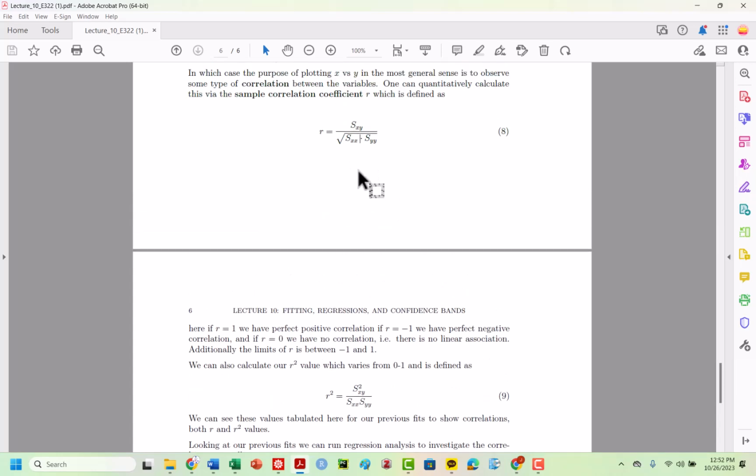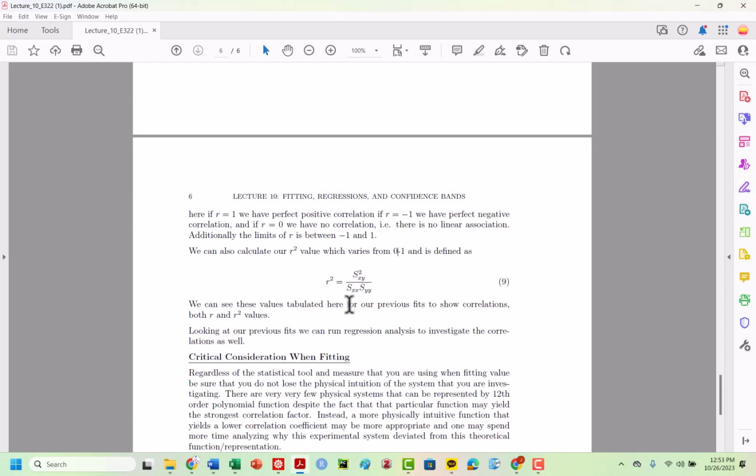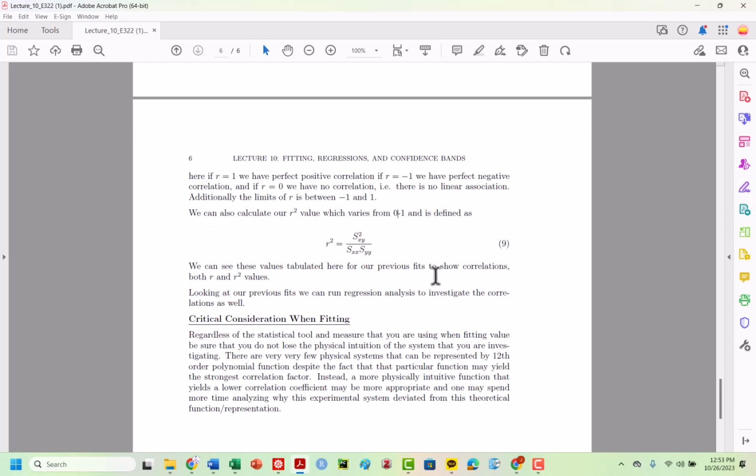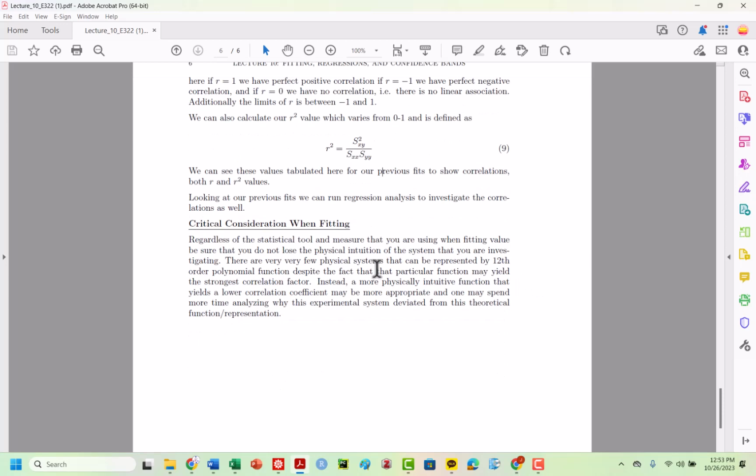Again, this is for linear fits. You can also use r squared. That value varies from 0 to 1, and you can see the definition here. If our r squared is 1, then that is perfect correlation and our fit is excellent. If it's 0, our fit is not excellent.